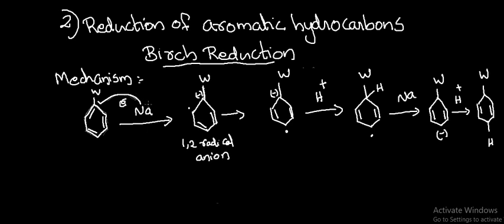When sodium metal transfers one electron to the ipso position, it converts into a 1,2 radical anion, and this is a highly unstable intermediate and is easily converted into a 1,4 radical anion by the homolysis of this double bond.